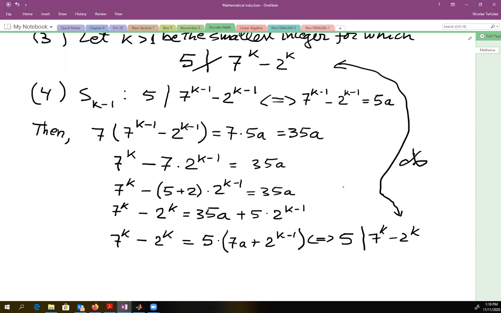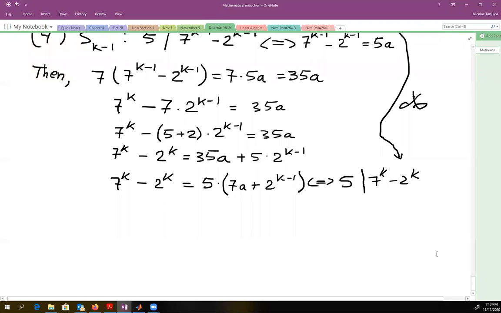Okay, because the statement here represents just S(k) true, right? Which we assume is not. I mean, k was the smallest number for which we don't have this thing. So is this argument okay with you?